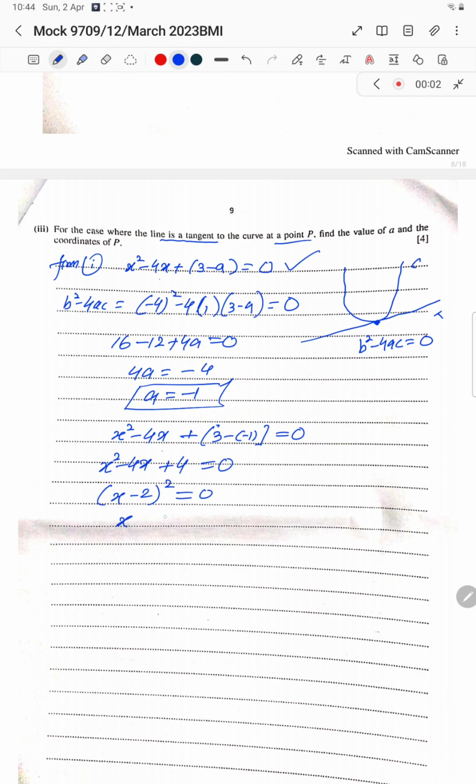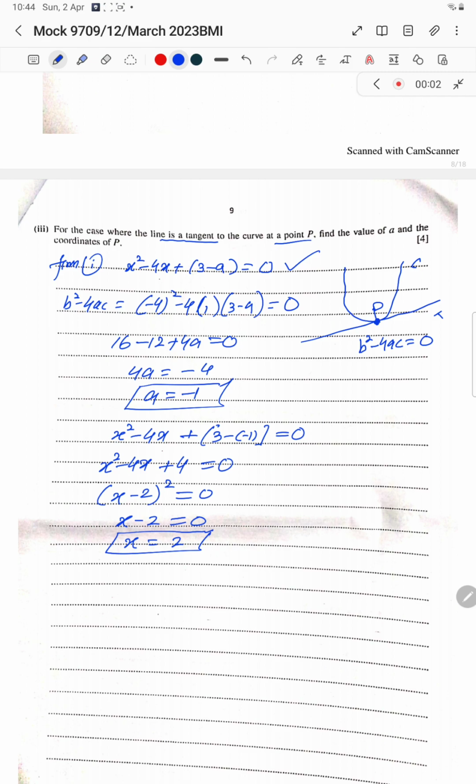So a repeated root, x minus 2 equal to 0, so x equals 2. I got this one value and this is a repeated value. So replace this 2 to get this point P.